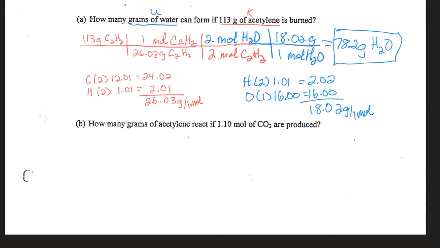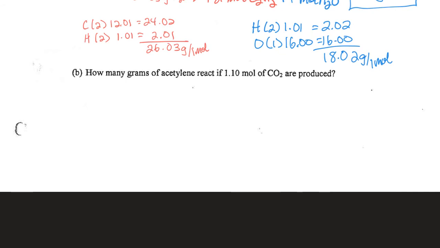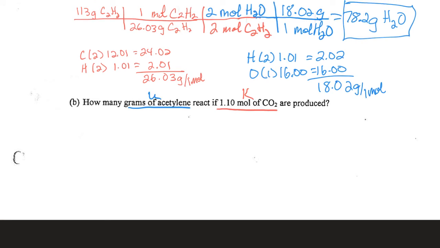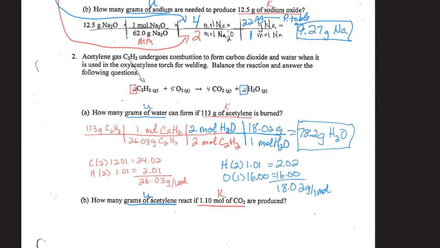I'm going to do this one last problem, and then I'm going to call it quits for tonight. So the question is, how many grams of acetylene react if we have 1.1 moles of CO2 produced? That's my known. My unknown is the grams of acetylene. So up here for my coefficients, again, I'm going to erase these so I can start fresh.